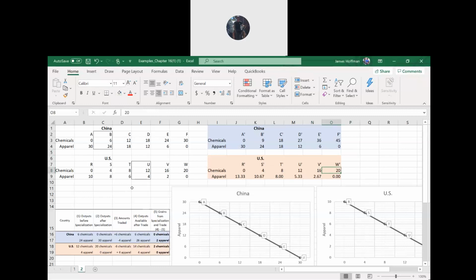So here they kept all 20. Here they kept 16 and traded 4, and they got back 2 2/3. All right, so the fractions kind of make it more difficult than it is, but it's only because it was 1.5 to 1, and then the reverse is 1 to 2/3.